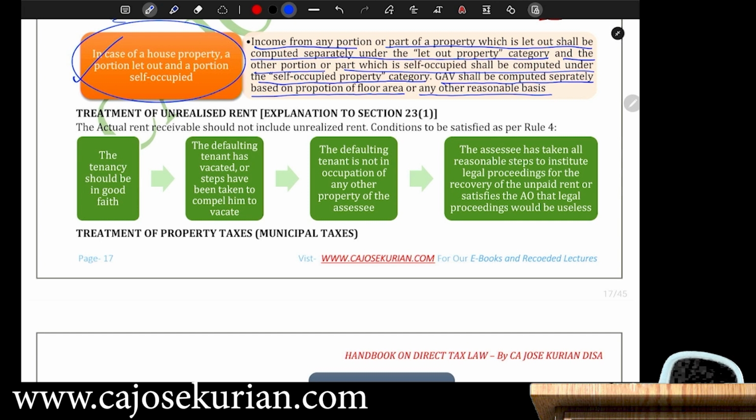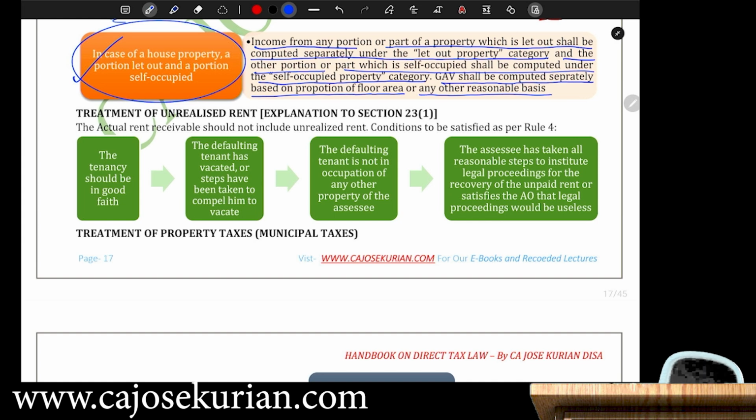No. So either you have to tell the AO that I have filed a case, or you should communicate to the AO that there is no point in filing a case against that person because he's already dead or he's already in jail waiting for capital punishment. So even if I file a case against him, nothing is going to happen. This has to be communicated to the AO.